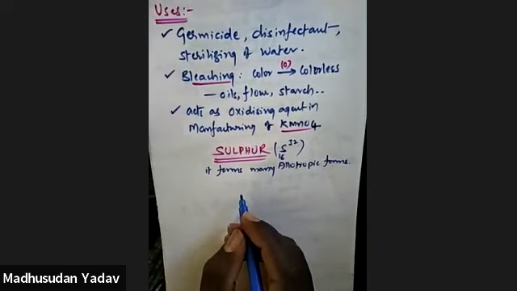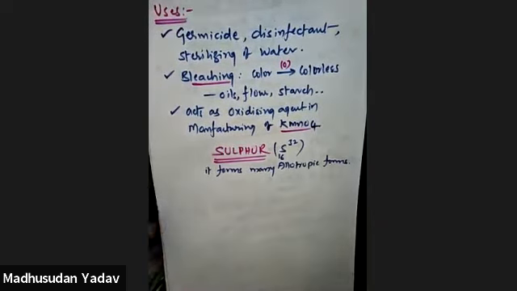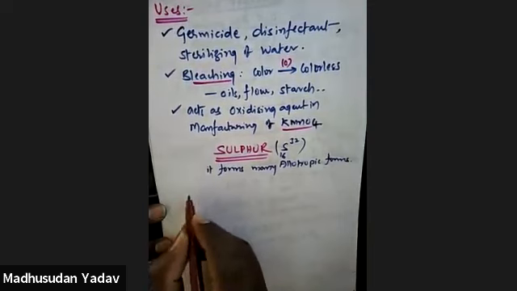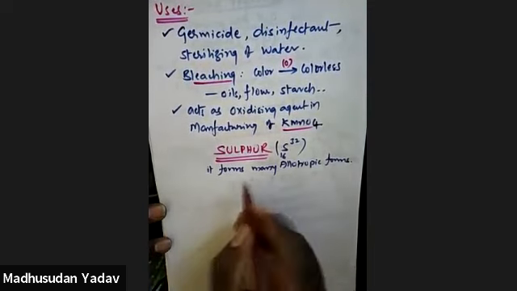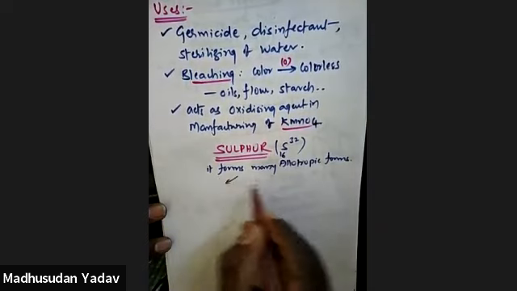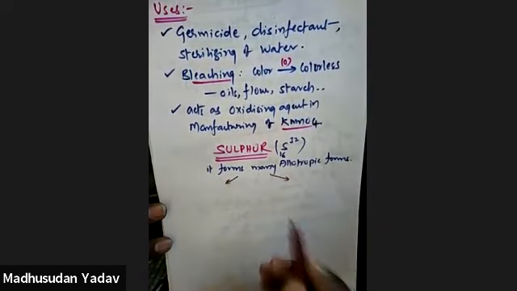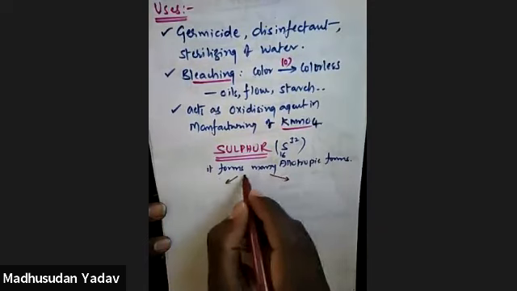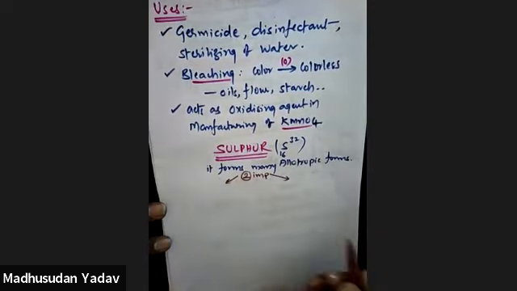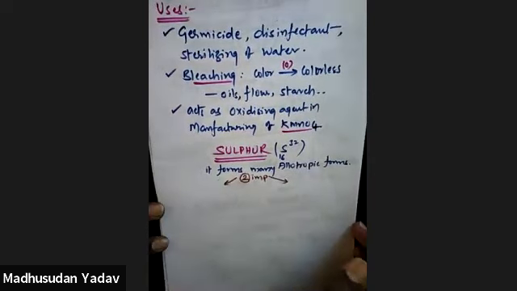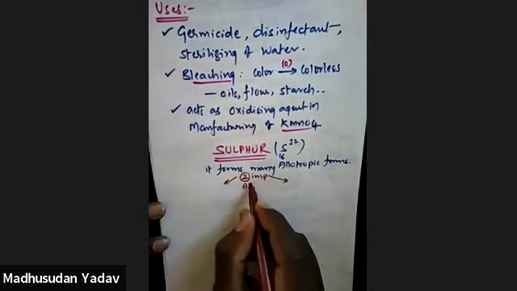The most important are two forms, alpha and beta. So first I will talk about the two important allotropes.